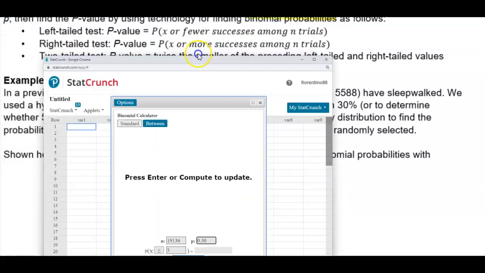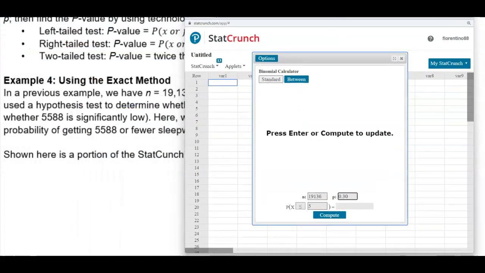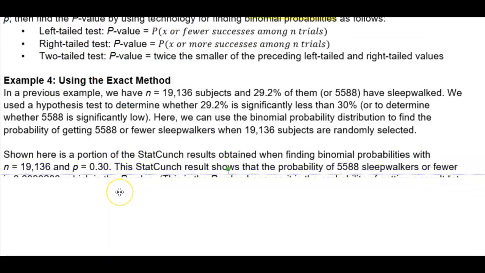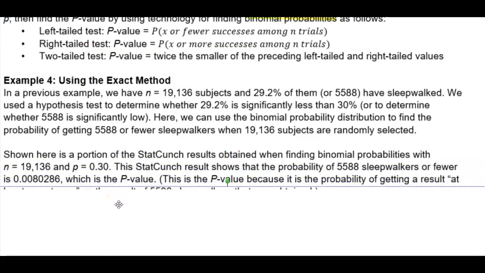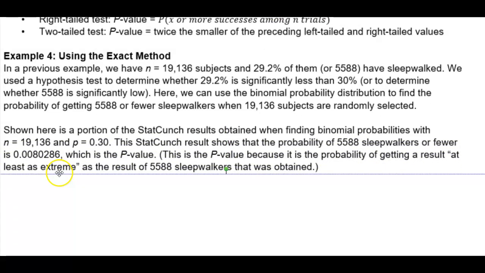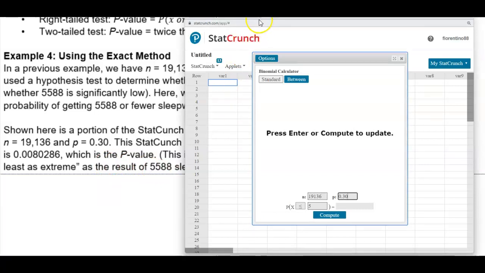So here we know that n is equal to 19,136, and p is equal to 0.30. This StatCrunch result shows us the probability of 5,588 sleepwalkers or fewer, which is the p-value. So here's StatCrunch.